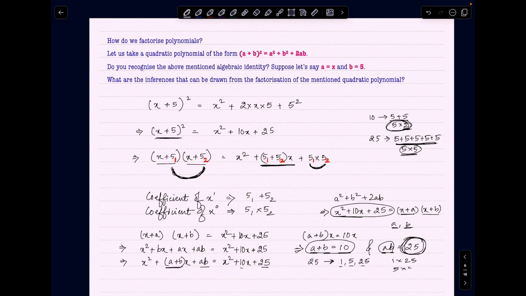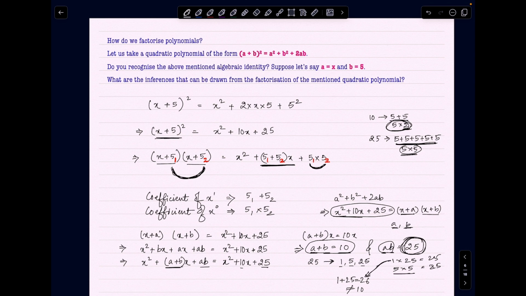But 1 into 25 gives a plus b equal to 1 plus 25, that is 26, and we know a plus b is 10. So this combination of a and b is not possible.